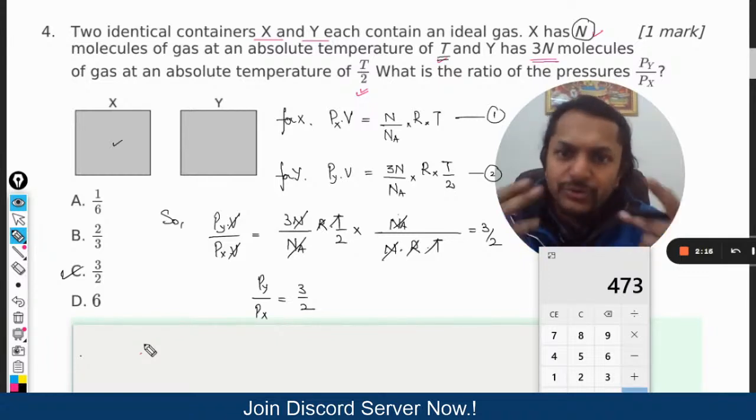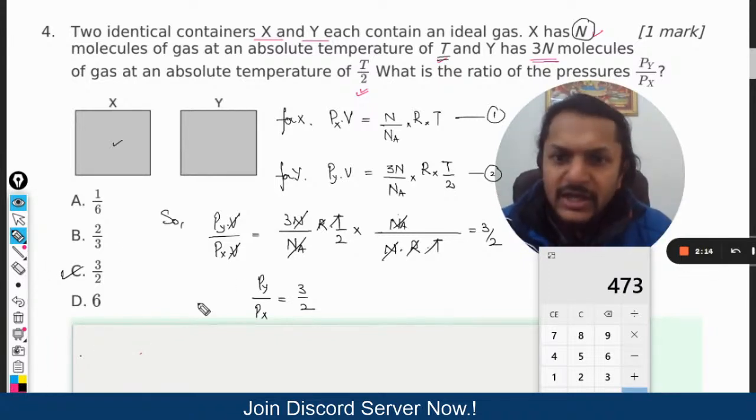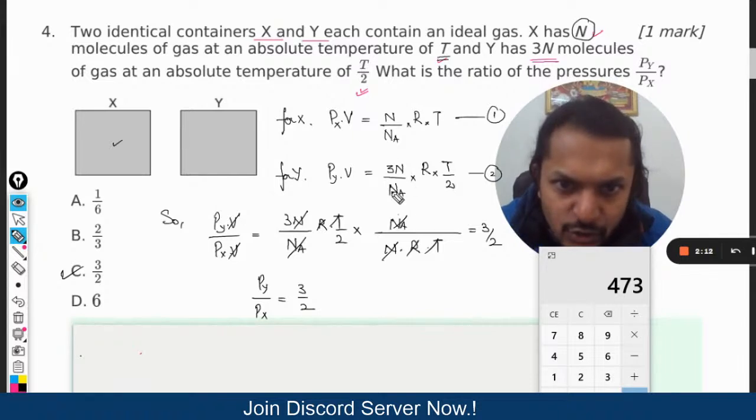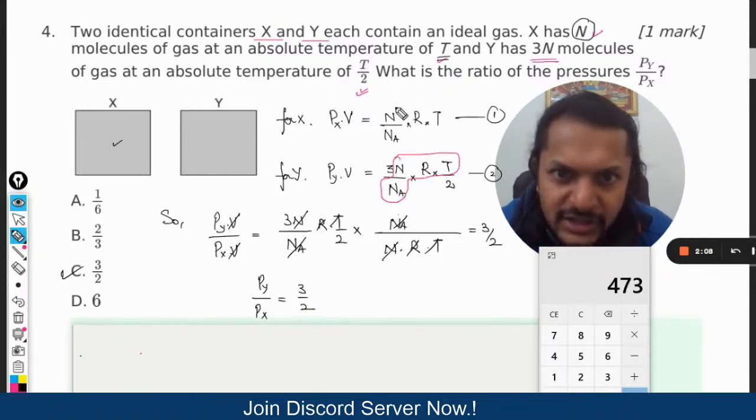And the substitution process that I was talking about will be done like this. You can take this thing common, like N divided by Na R into T, and you can compare it here. So you can completely substitute this and only 3 and 2 will be left.